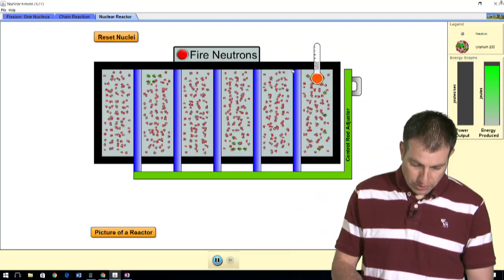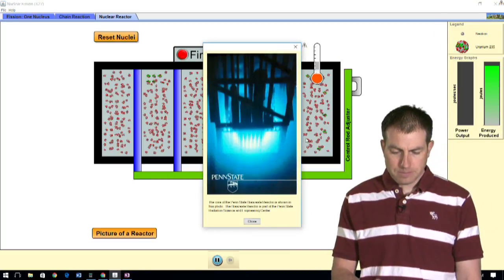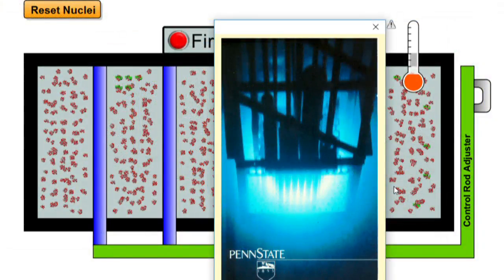There's actually a picture of a reactor core here, which we should probably look at while we're here. Penn State University has its own nuclear reactor, and this is what it looks like. It kind of glows because of all the nuclear reactions that are occurring there. I don't know exactly how this reactor works, but probably the black stuff lowers in as control rods.